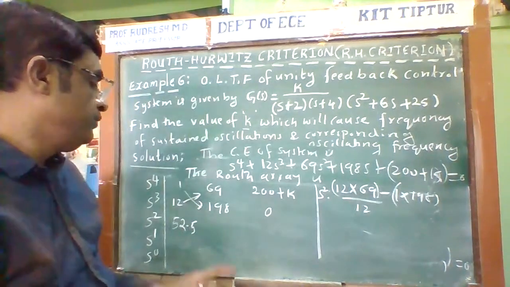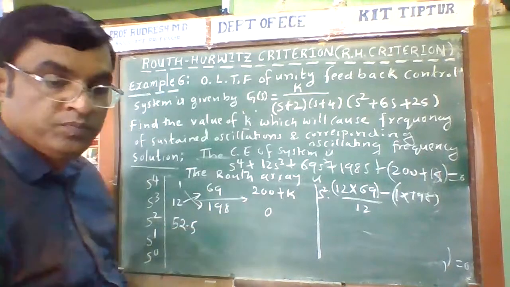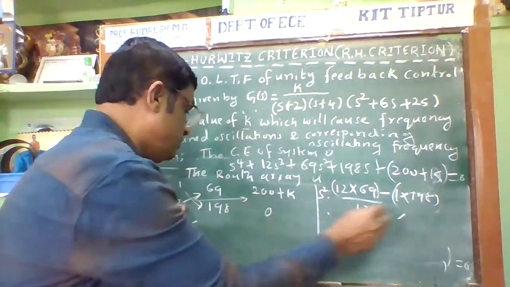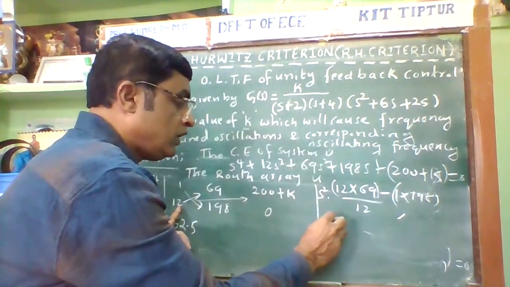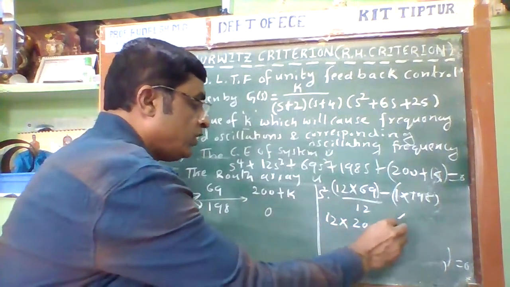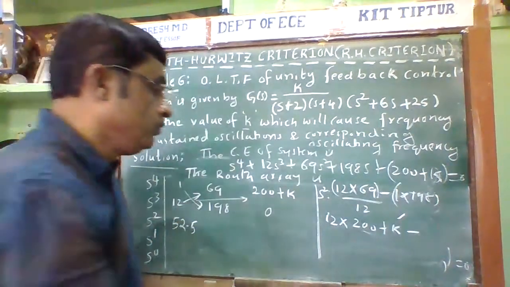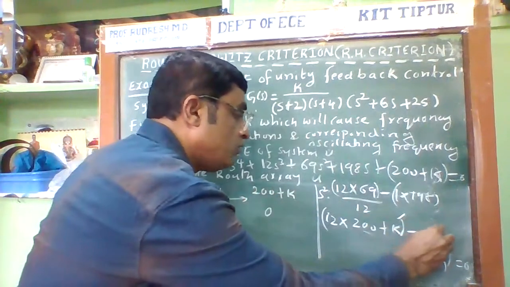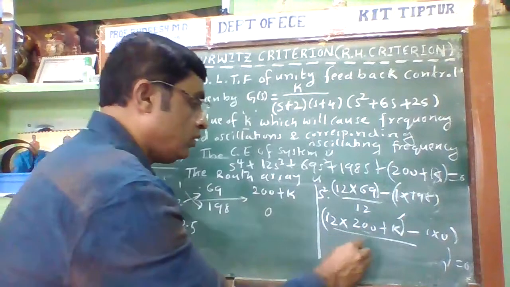Now similarly, if I calculate the next element, it is 12 into (200 plus K) minus 1 into 0, divided by this 12.